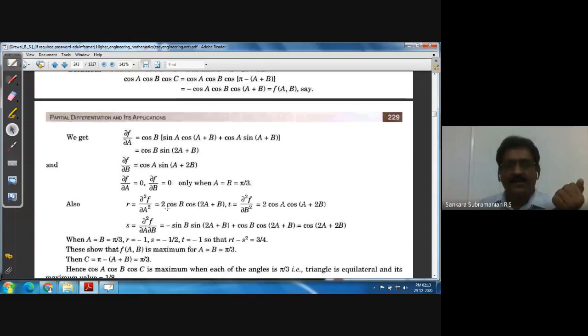r வந்து கரெக்ட்டாமா? 2 cos b cos of 2a plus b வந்திருக்கா நமக்கு? நம்ம செஞ்சதுல check the answer for r equal to 2 cos b cos of 2a plus b வந்திருக்கா?